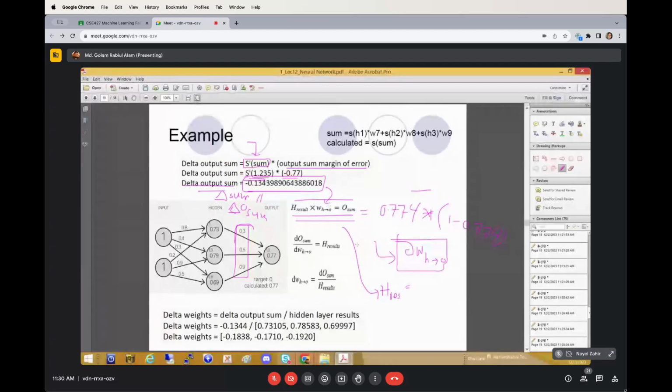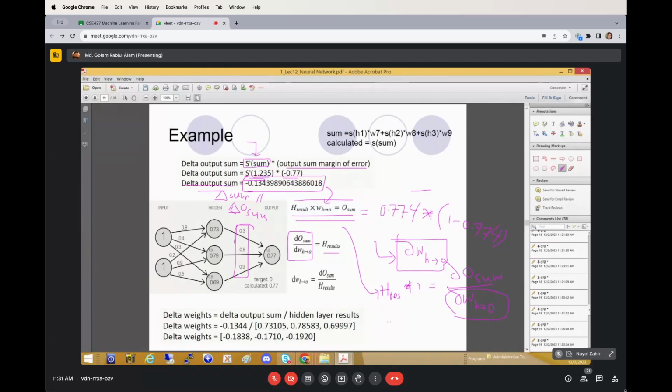So H results times 1 equals delta output sum by delta WHO. In this case, H results equals delta O sum by delta WHO. Now we want to find out delta WHO. That's what we are searching for here.